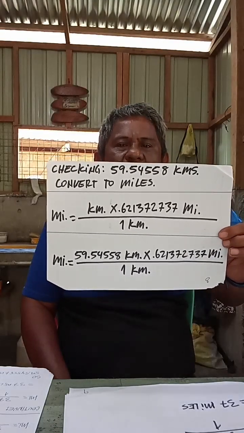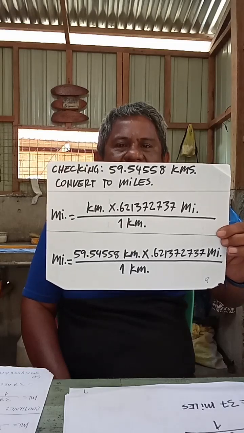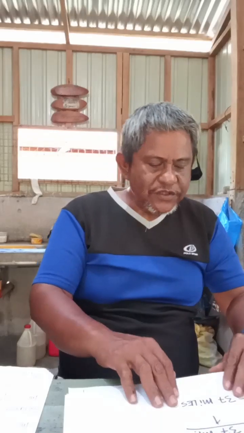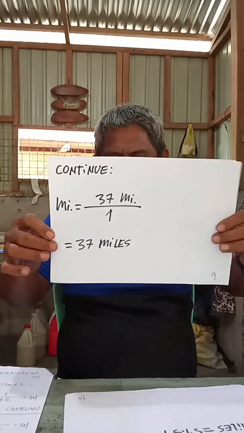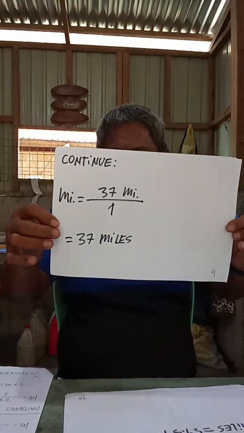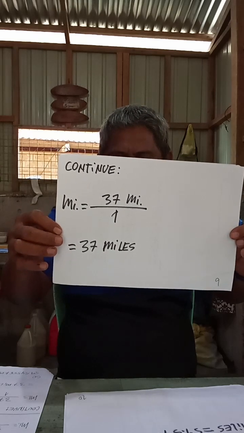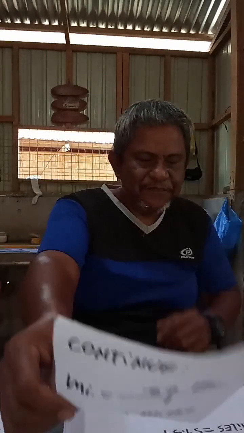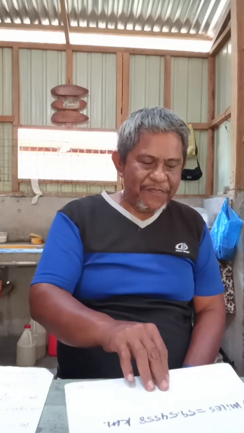So kilometer over kilometer, so cancel the kilometer and the miles is left. So continue, miles = 37 miles over 1. So equals 37 miles. So 59.54558 kilometers is equal to 37 miles. The Set A formula and the Set B standard formula ay nagtugma.